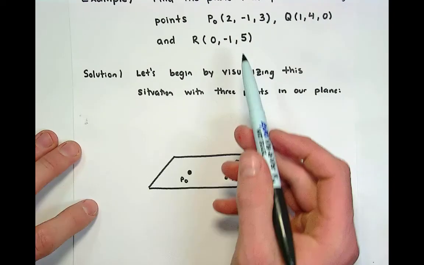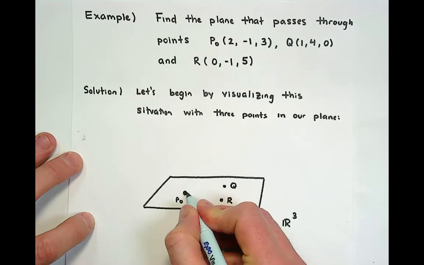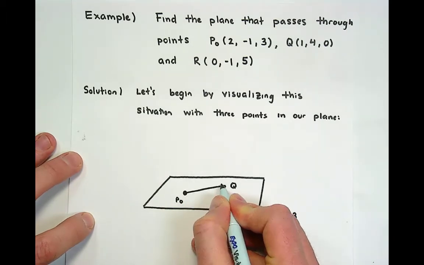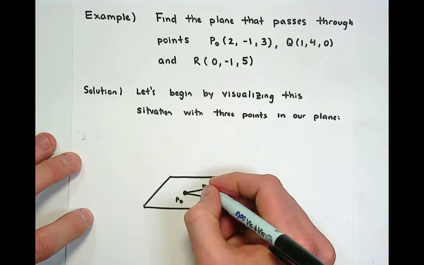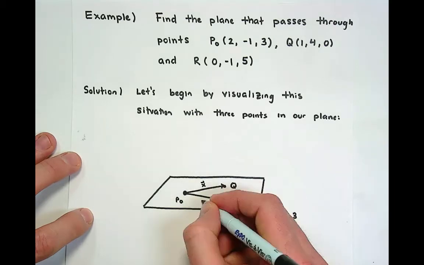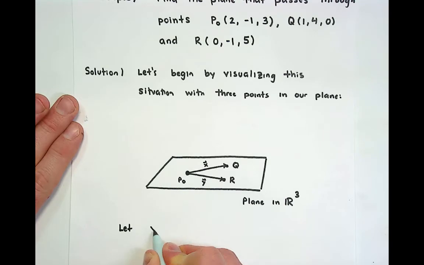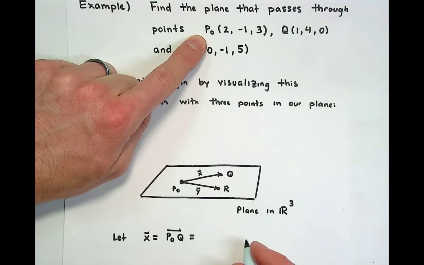When we are trying to solve this problem, we want to get an equation for this plane. And what we recognize is that we have these 2 vectors that sit in our plane that are in different directions. So perhaps we call this vector x and we call this vector y. And we say that x is the vector that goes from the point P0 to the point Q. And of course, we can calculate this based on the coordinates we were given.